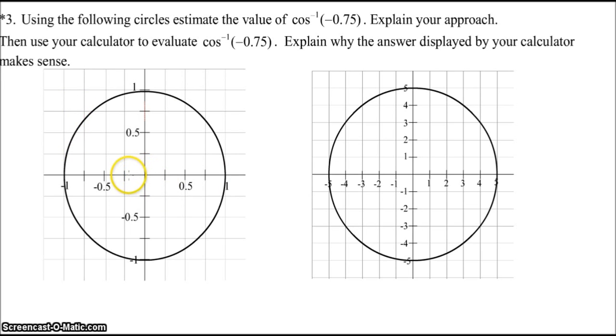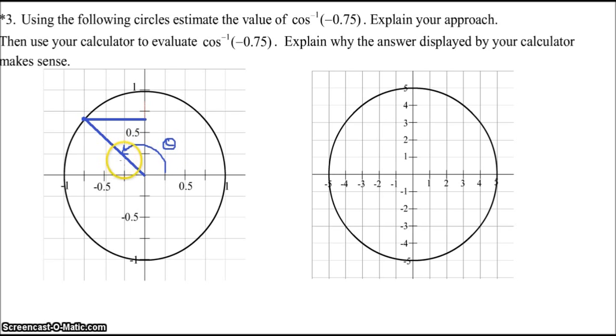Negative 0.75 is this horizontal distance here, which will correspond to this point. Note that this position is negative 0.75, that's the horizontal distance there, and it corresponds to the angle with the terminal ray at this point. This is our angle that we're looking for.